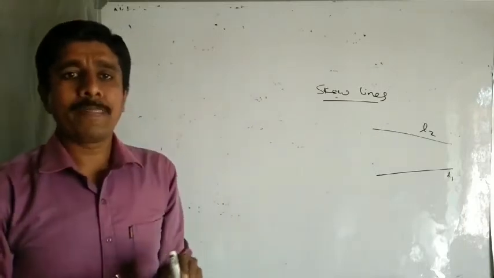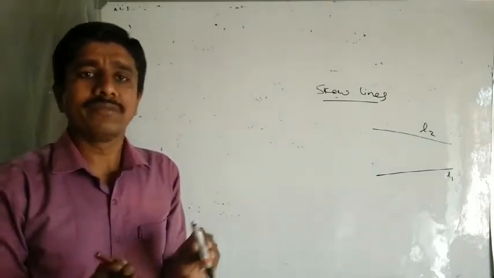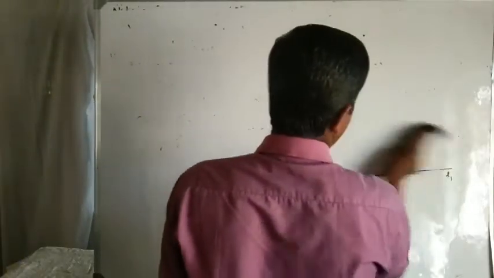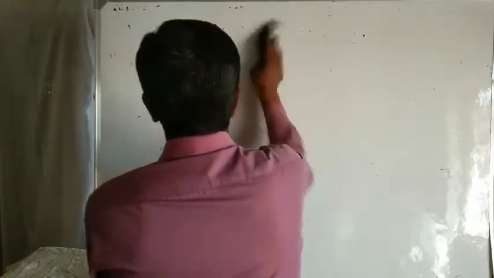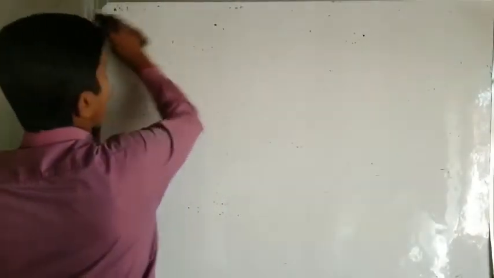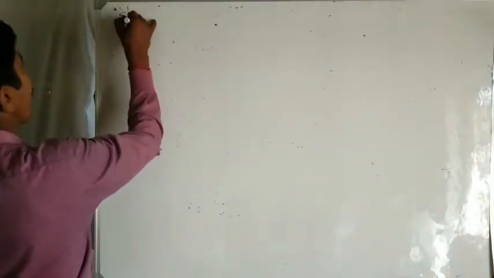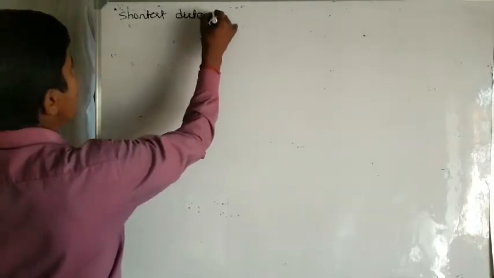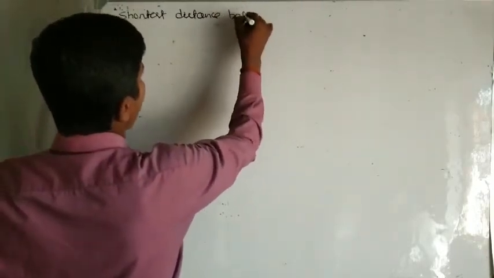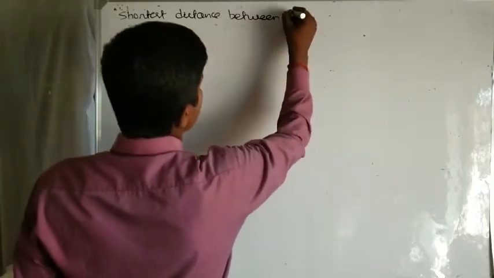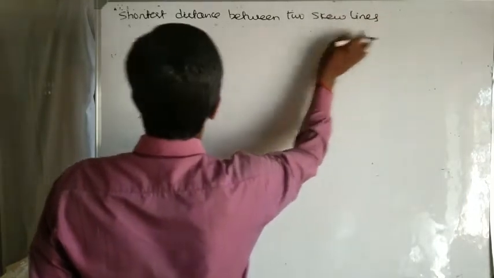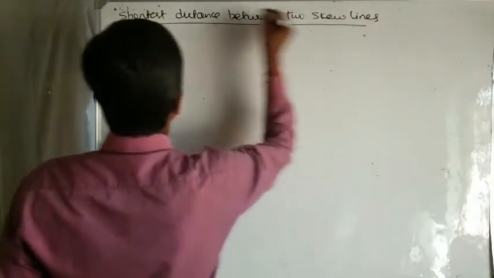I am going to derive the shortest distance between skew lines. Important derivation. Shortest distance between two skew lines. So important one this is.